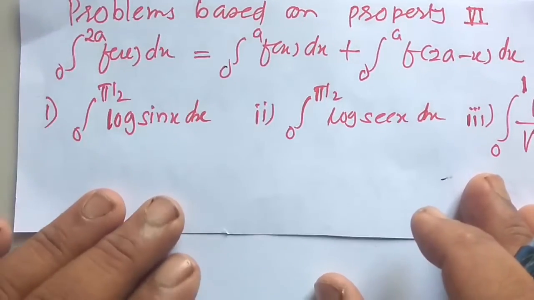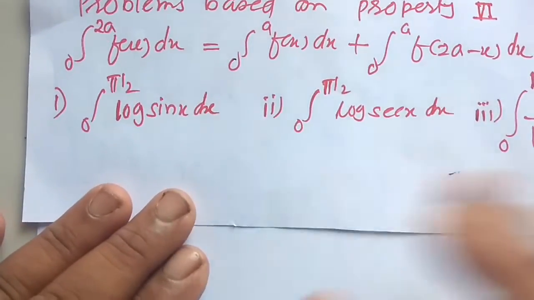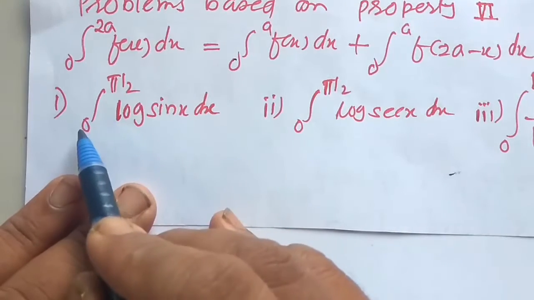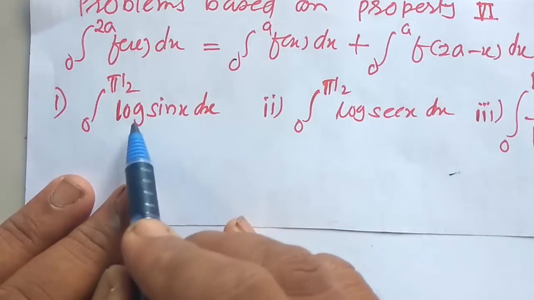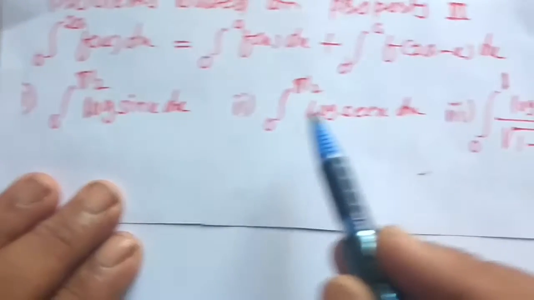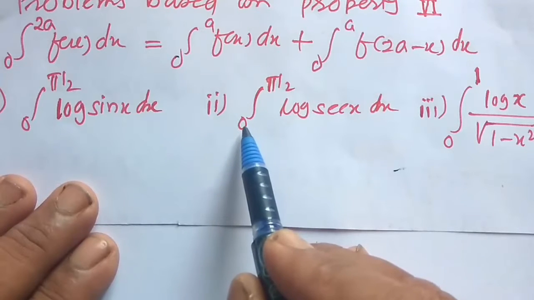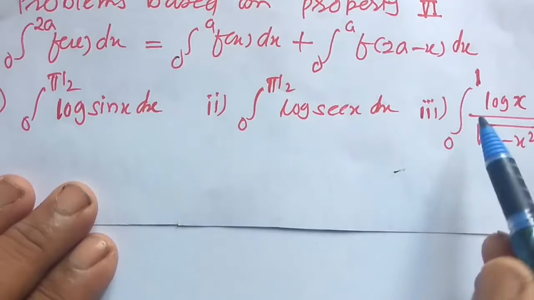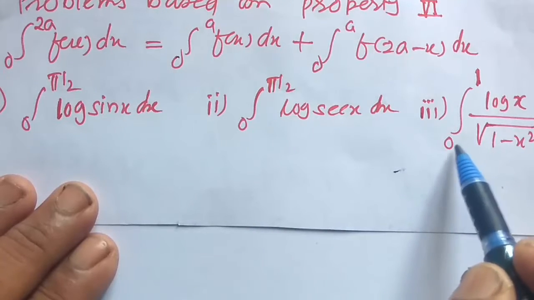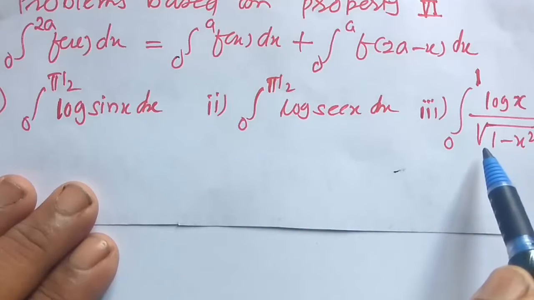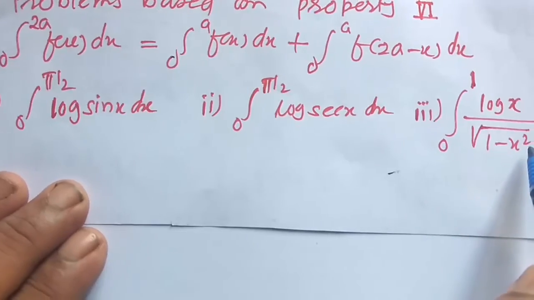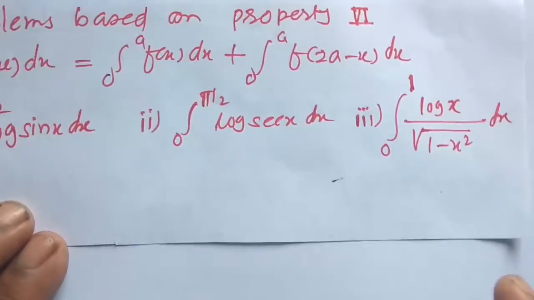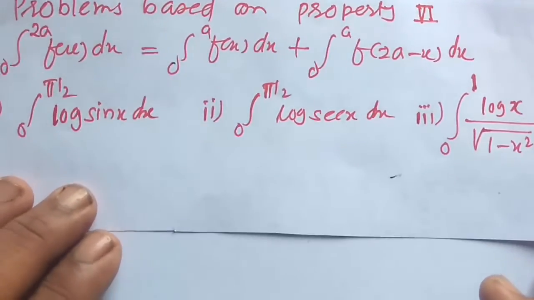There are some examples I have given here. Number 1, integral 0 to pi by 2 log of sin x dx. Number 2, integral 0 to pi by 2 log of sec x dx. Number 3, integral 0 to 1 f of x upon under root of 1 minus x square dx. Now, I will solve the first example.